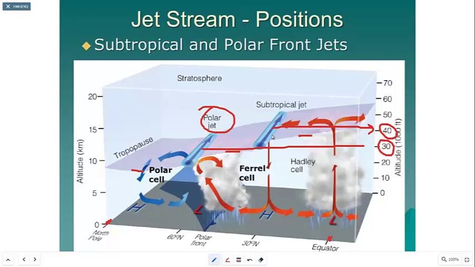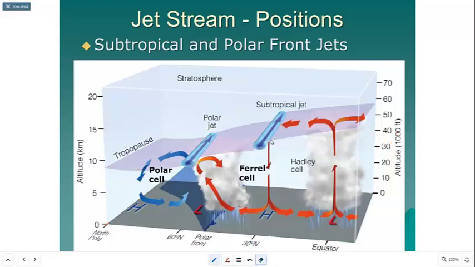So the depth of the atmosphere does shrink as we work from the equator towards the poles. Now stuck in between these various cells, or what I call leaves, that's where we'll find the location of the jet streams. So the subtropical jet stream, if we draw a line over, it's roughly around 40,000 feet, and that's going to be associated with the weather map at 200 millibars.